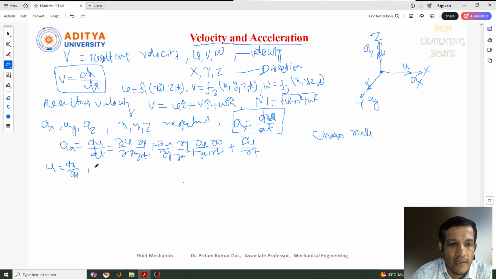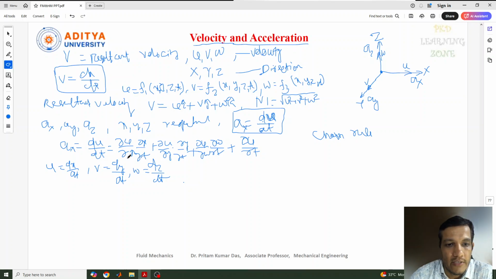And similarly v equal to dy by dt, and similarly w equal to dz by dt. These are the velocity formulas we know previously.